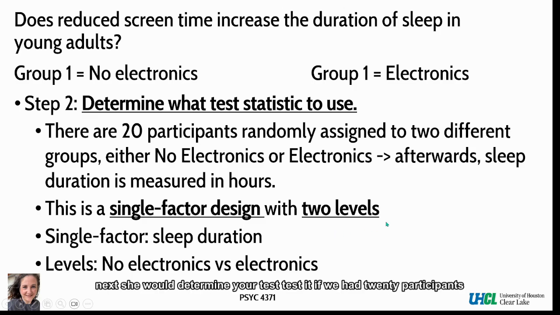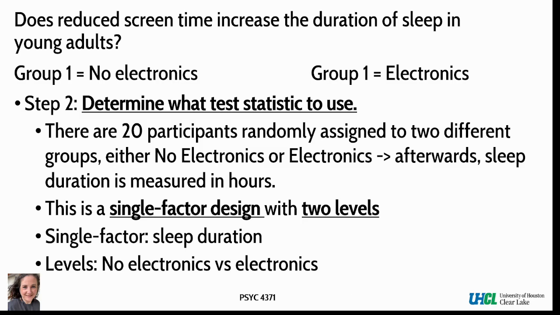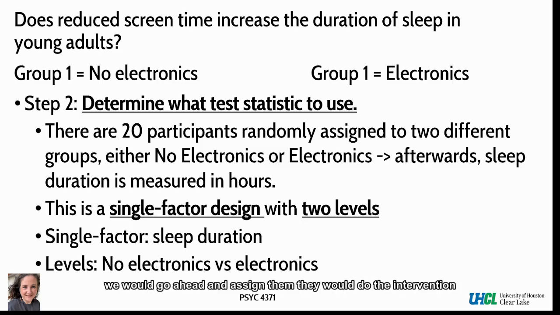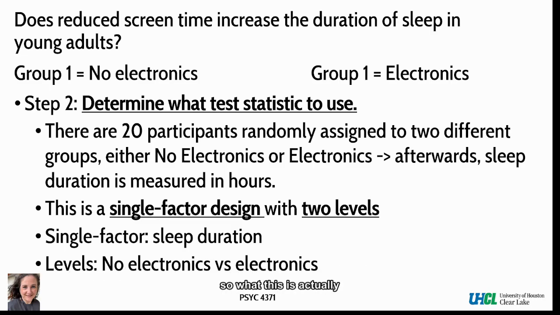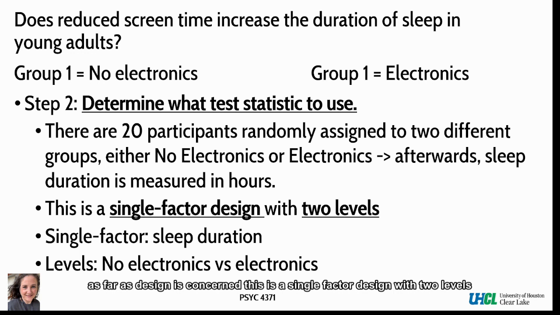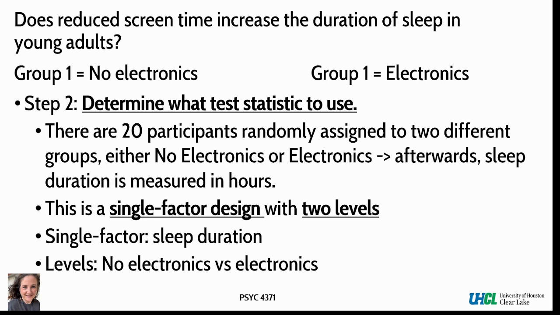Next, you would determine your test statistic. If we had 20 participants and they were randomly assigned to those two different groups, they would do the intervention, and then afterwards we would measure their sleep duration in hours. As far as design is concerned, this is a single factor design with two levels.